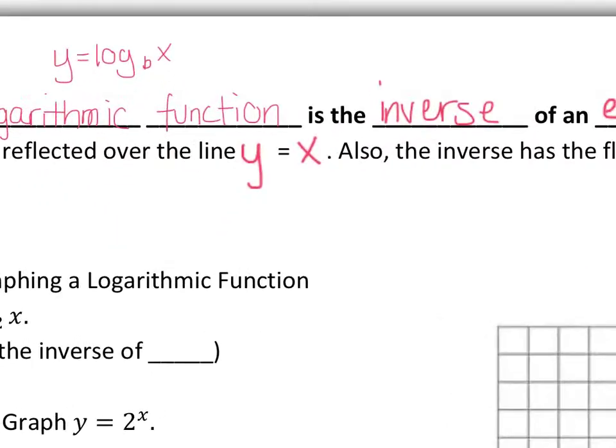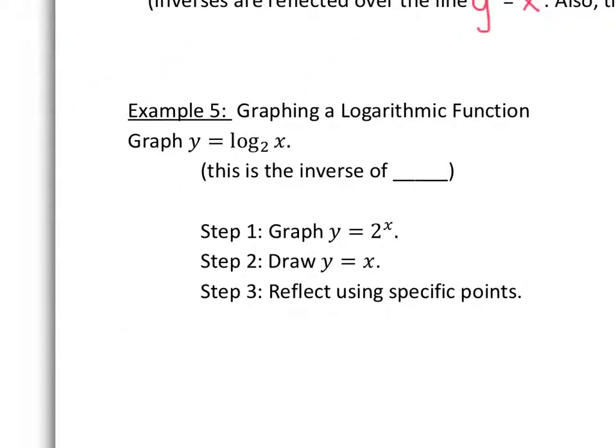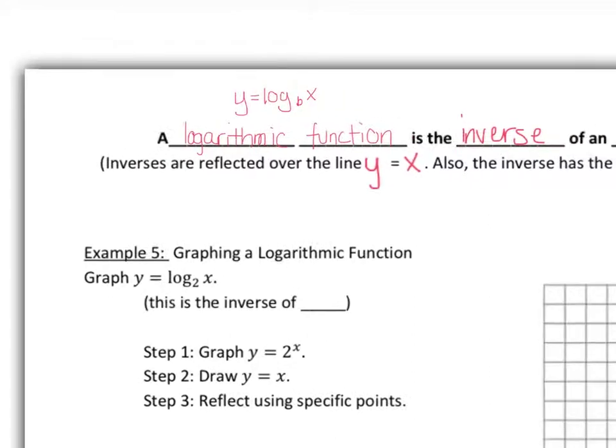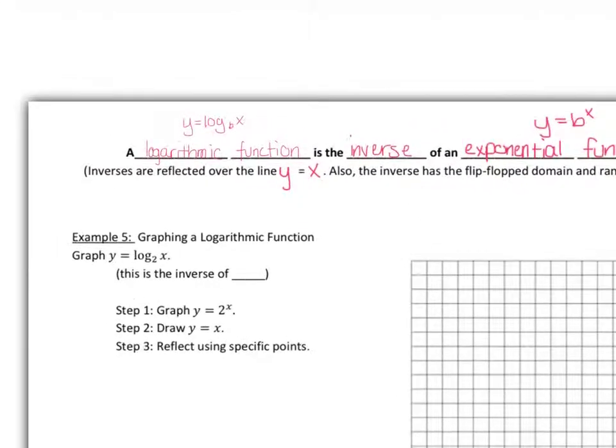logarithmic. So the way this works is we have y equals log base 2 of x. So this is the inverse of what? It's a little different from what we did yesterday. Yesterday we would have said that the exponential form is 2 to the y equals x, based on this y being the exponent.